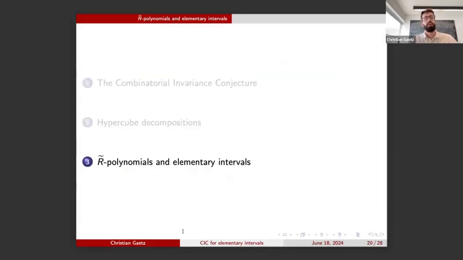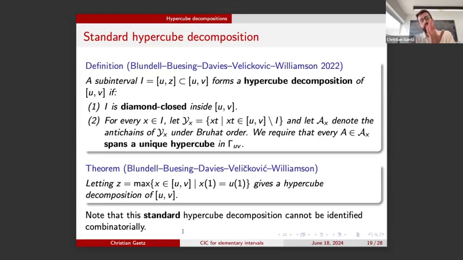Okay. So I think I deleted this slide, but what these authors did is they then made a conjecture that whenever you have a hypercube decomposition, you have a certain expression of P_{u,v} in terms of P polynomials for smaller subintervals using the structure of the hypercube decomposition. One of the reasons I didn't include their conjecture is because it's very complicated and I think overly so.